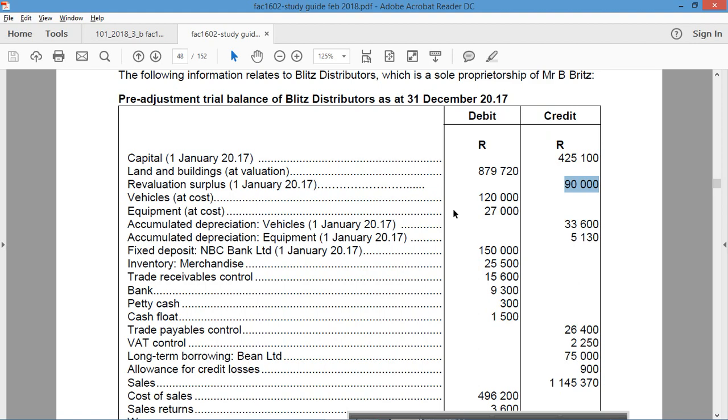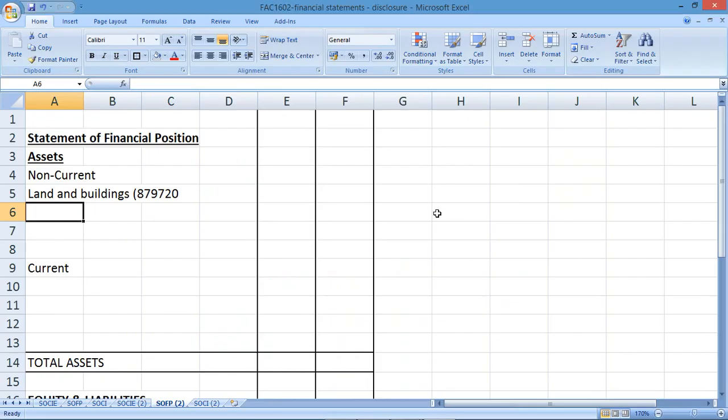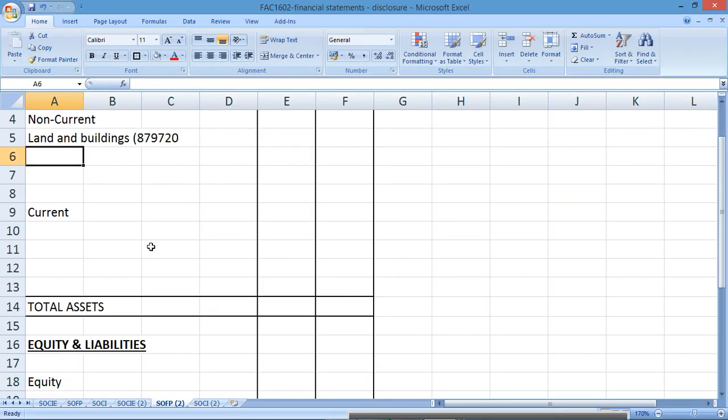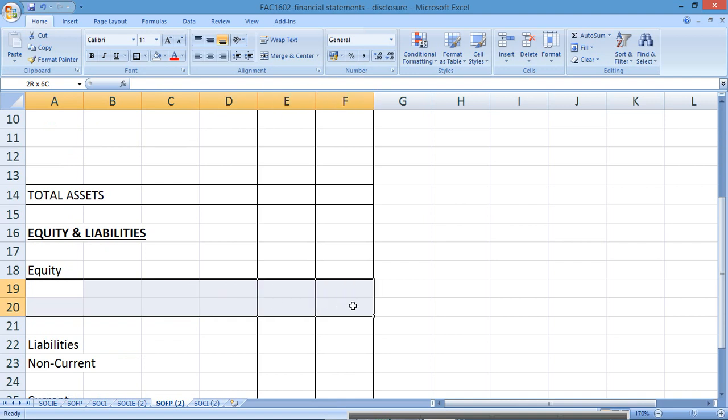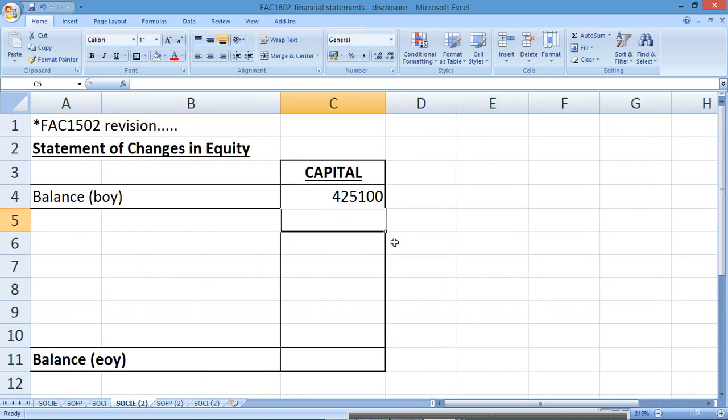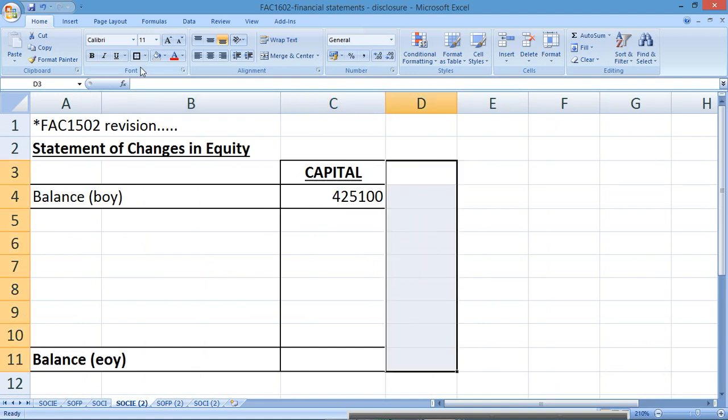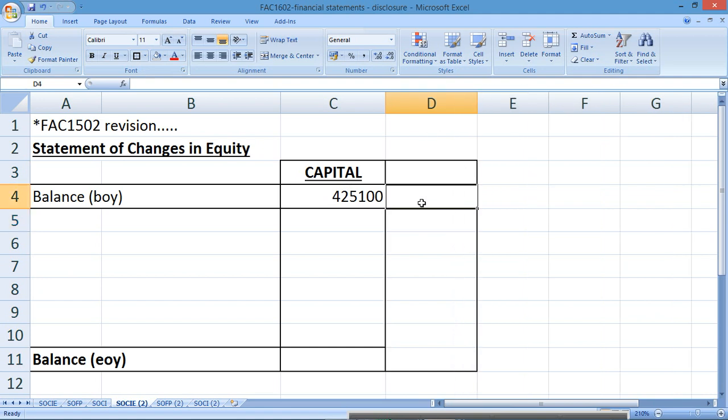By the capital, so you should show it here in terms of equity. I would show it as part of the SOCI, just as an additional column. It's unusual to see more columns in a sole proprietor question, but only because the land and buildings was revalued would this be applicable.